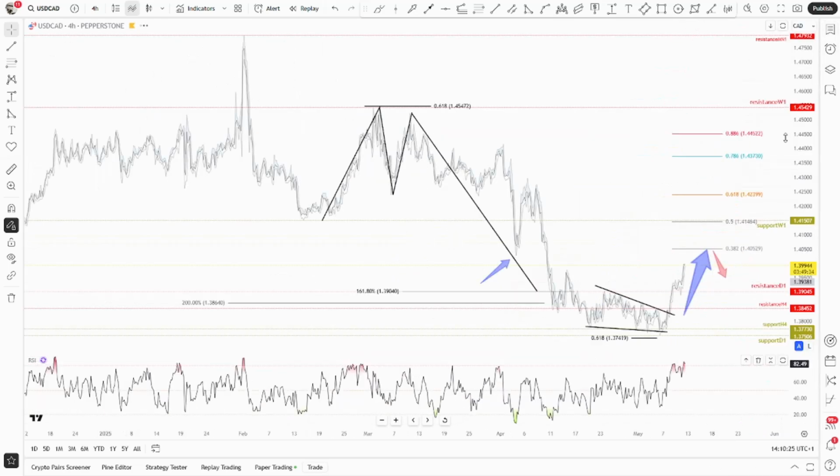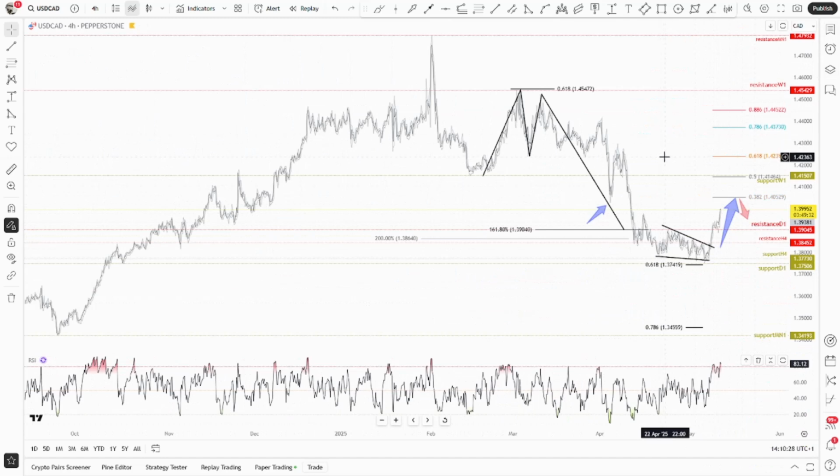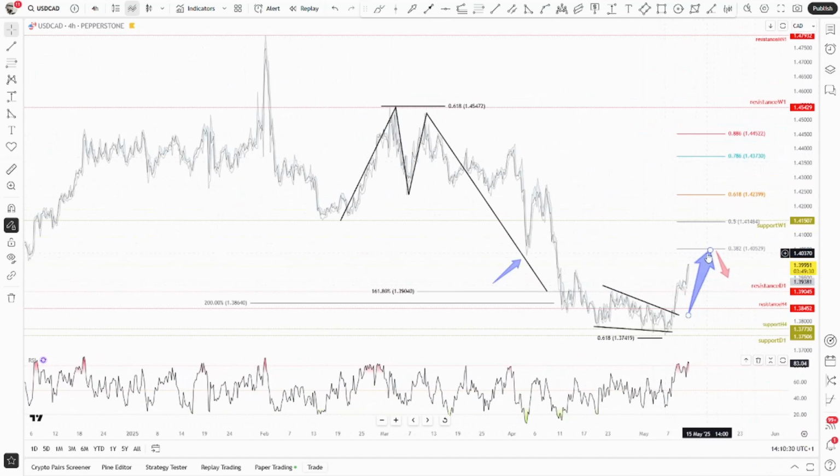Dollar versus the Canadian, of course the same can happen. The market can start to pull back from those levels, but we are a few points below the 38% Fibonacci level, the default target for this pattern, 140.52.